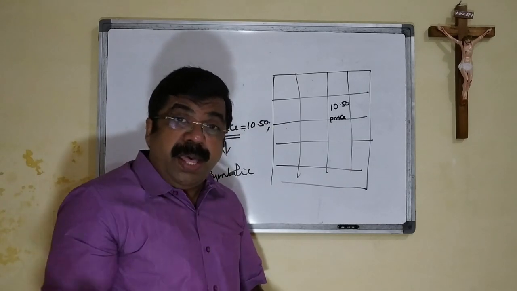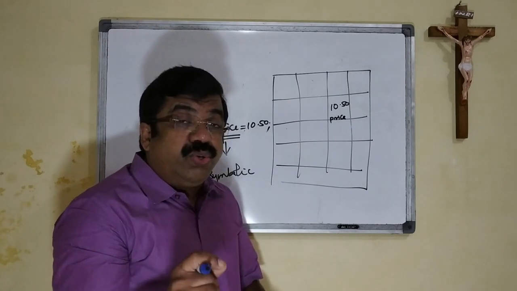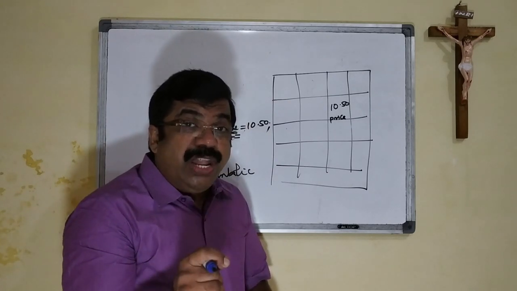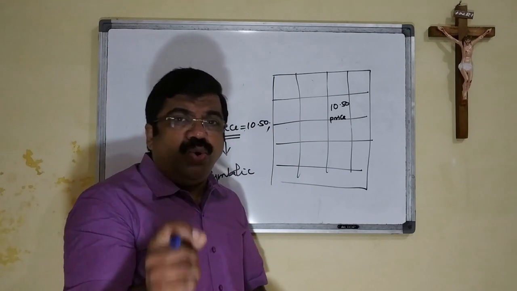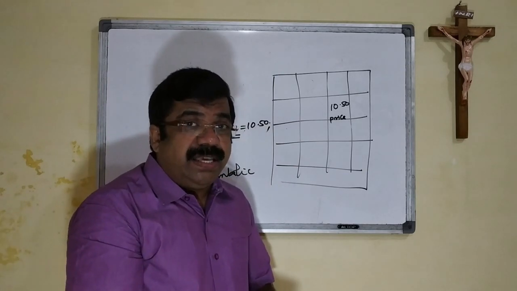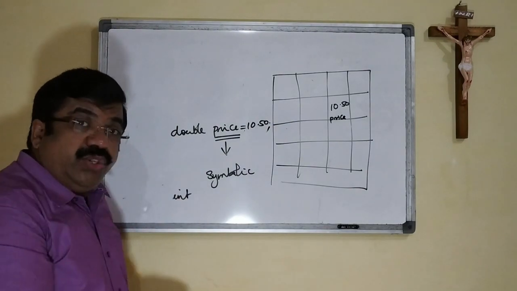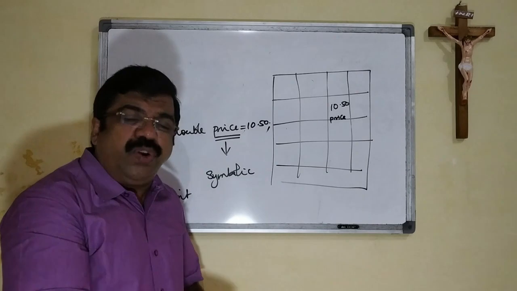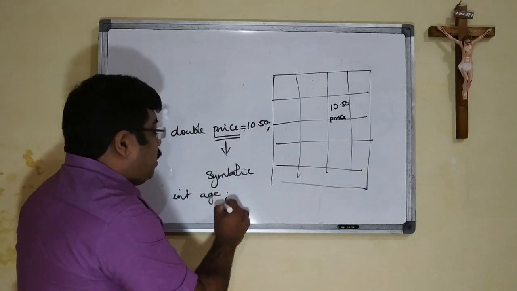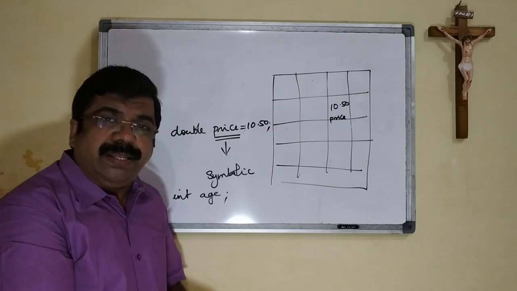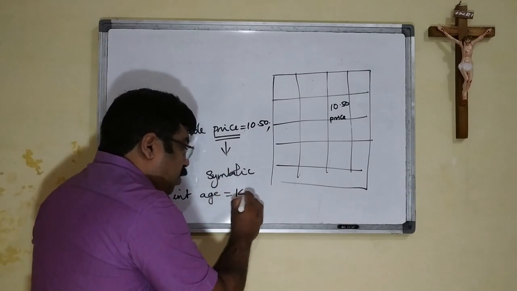Variables are the memory locations which are used to hold a value of any data type. Suppose you want to store your age, then what will you give? Int. Normally we say 15 years, 16 years, 14 years. So int age, it is a whole number. You can say int age is equal to 14.